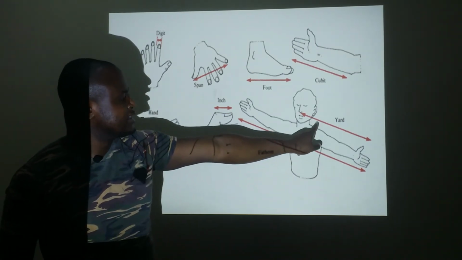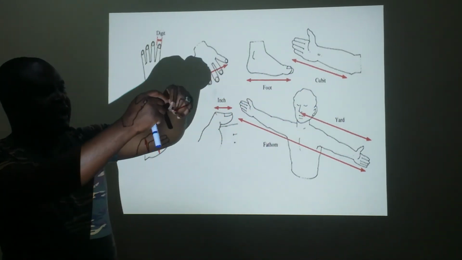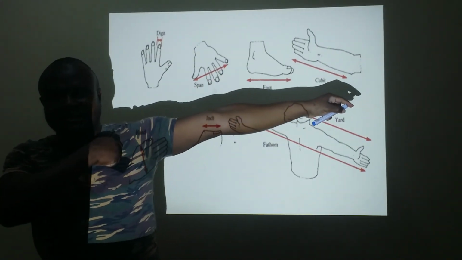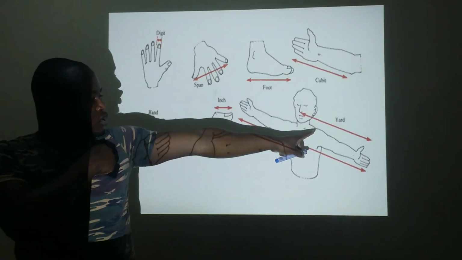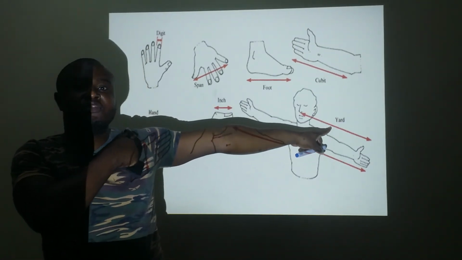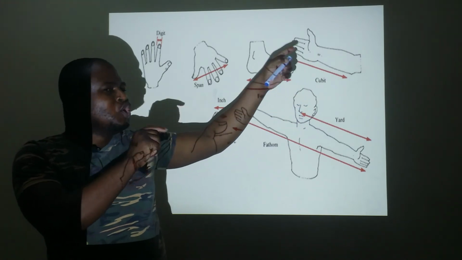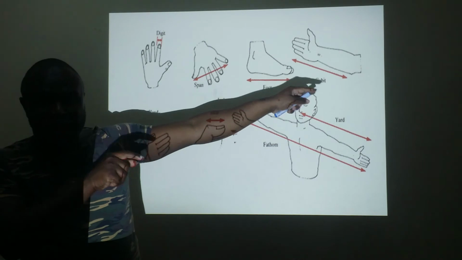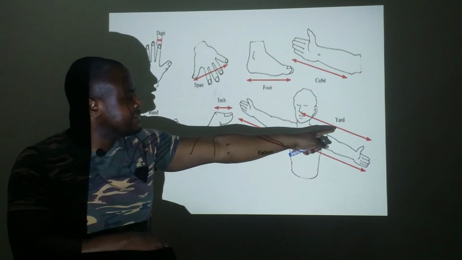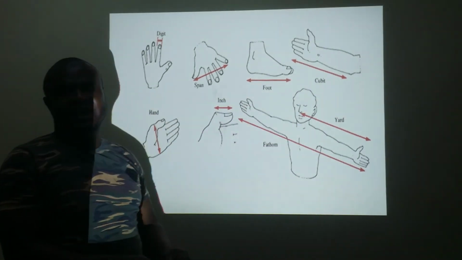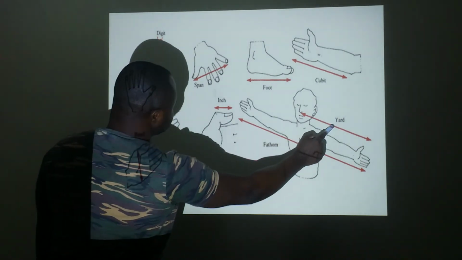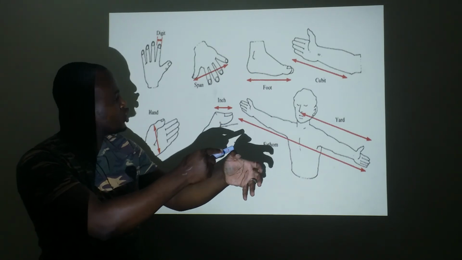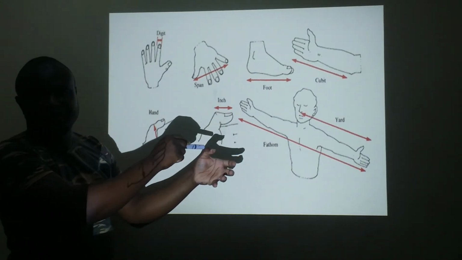This is called yard. They bring clothes to you and measure like this. But before they use this, they normally use a tape rule or ruler to show how accurate the yard is. Your finger, from here, your fingernail to here, is called an inch.